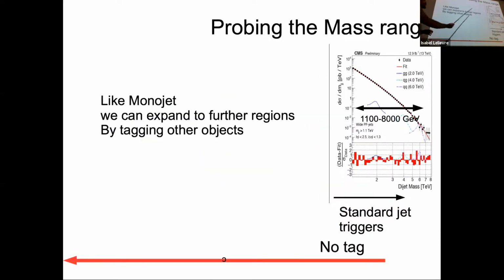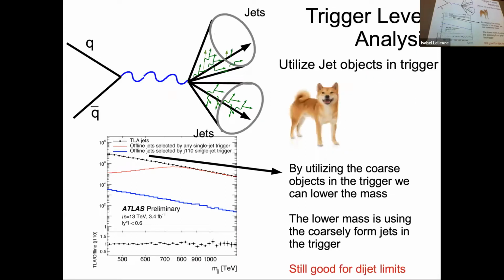This is the dijet search. It allows us to probe the highest mediator masses. But if we want to go further, we have to start playing games. The first thing we can do is try to do this analysis while we're actually taking data. This is what we call a trigger level analysis. While we're processing the data, we look at these coarsely reconstructed jets and make a mass with them.